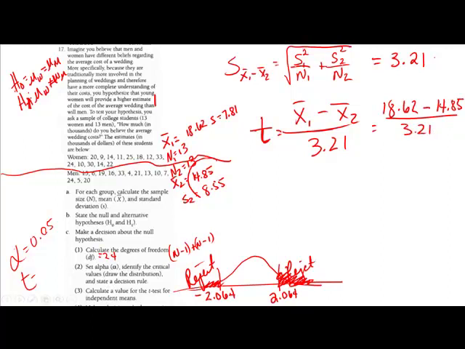It's going to be a hard one to reject. 18.62 minus 14.85 equals, divided by 3.21, t equals 1.174. We do not reject the null.